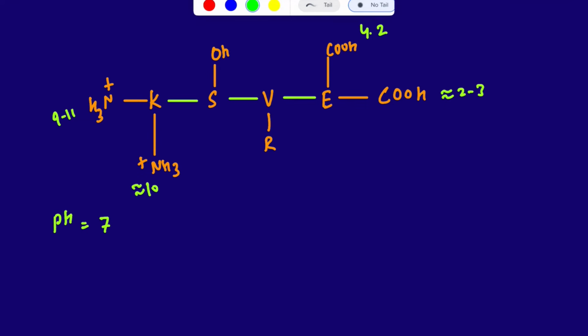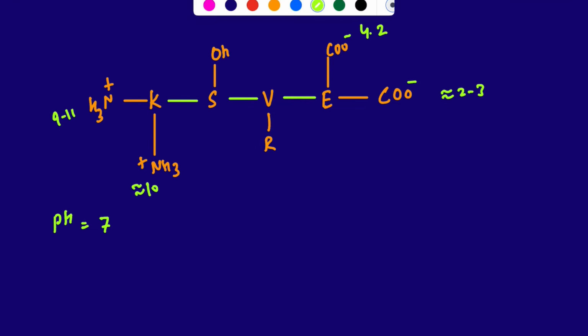They are now going to start losing their protons because your pH is over the pKa value. So anytime the pH goes over the pKa value, you're going to be more basic for those particular groups. So I'm going to end up getting this. I'm going to go ahead and lose that hydrogen there, lose that hydrogen there. This starts becoming a negative here, and this will become negative as well.